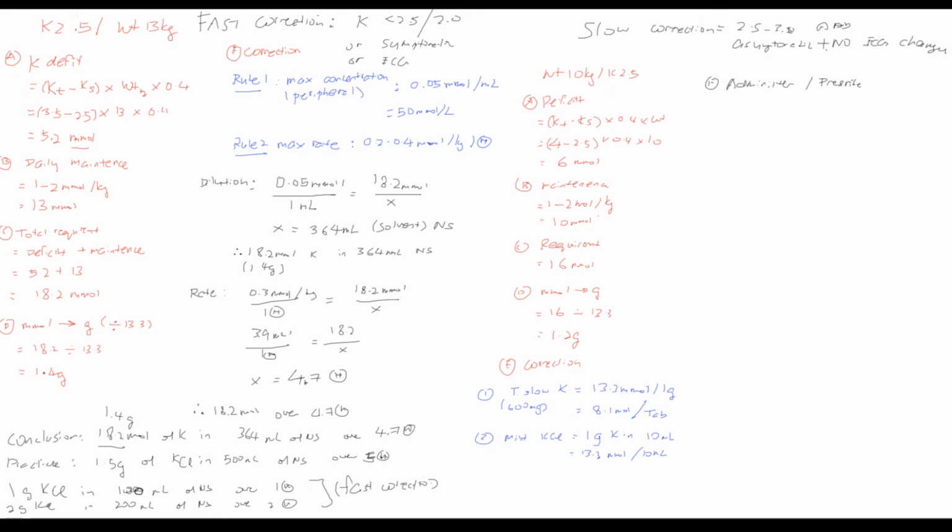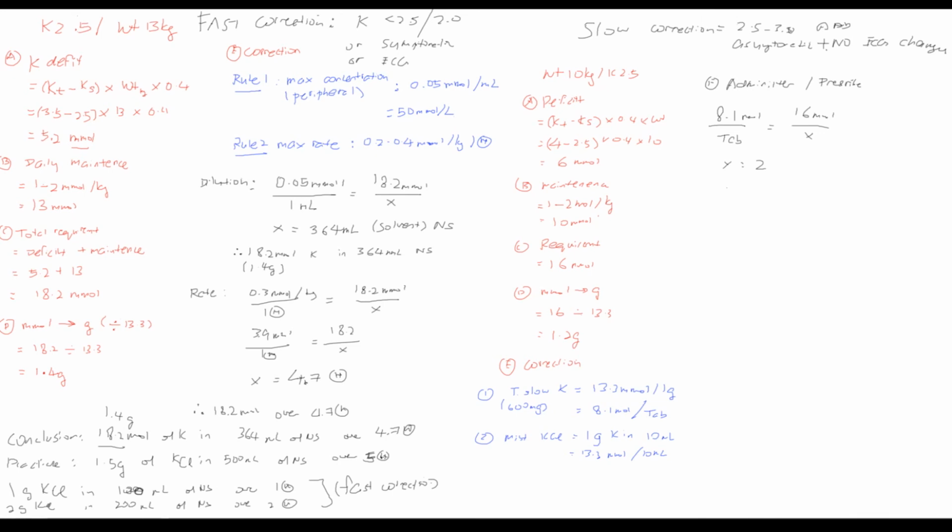So let's say we want to correct using the tablet form. It's 8.1 millimoles per tablet, and we want to correct to 16 millimoles. So what is the number of tablets we will give? Actually, we don't need this calculation. We can just see that it's about 2. We just need about 2 tablets.